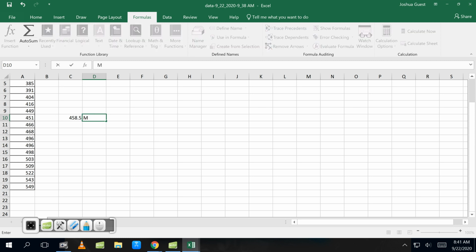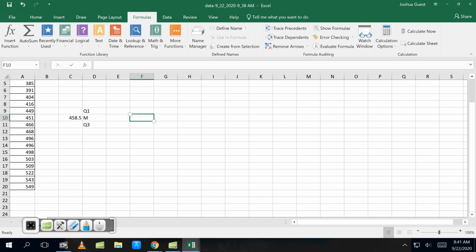This is M. And then let's come up here and find Q1, and here find Q3. Over here we can find the IQR, by saying this equals Q3 minus Q1.